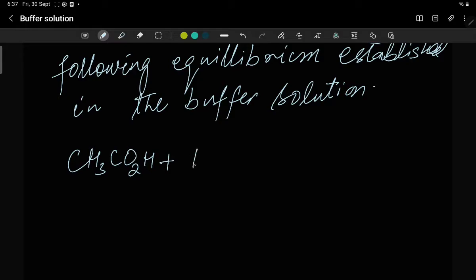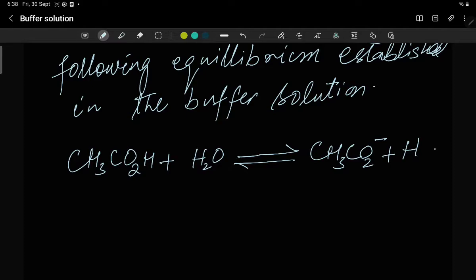CH3CO2H plus water forms ethanoate and hydronium ion, aqueous.